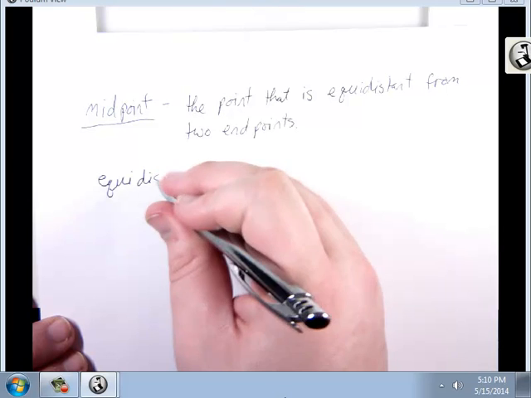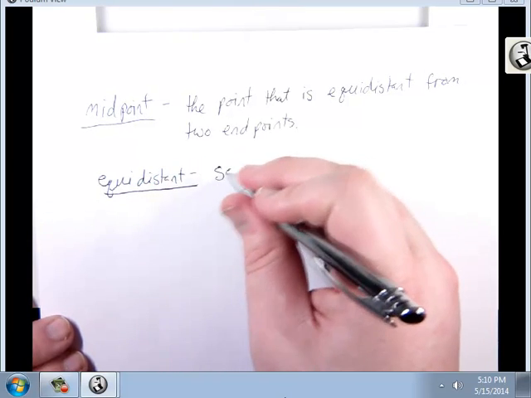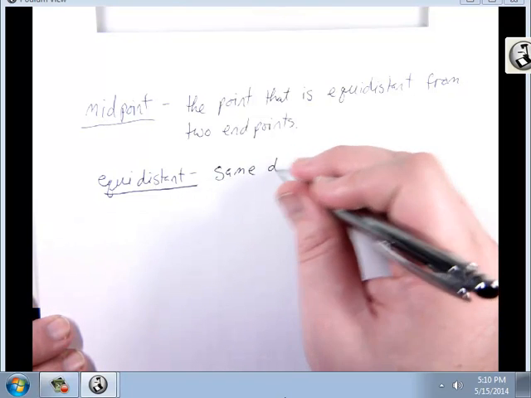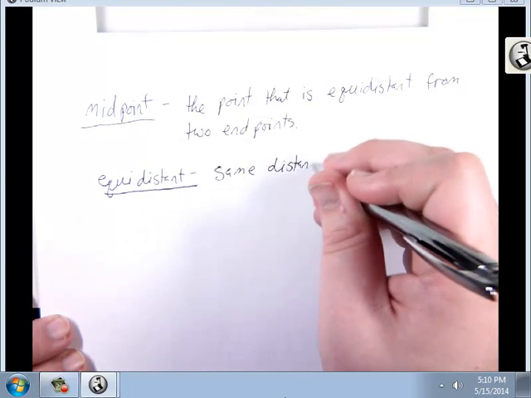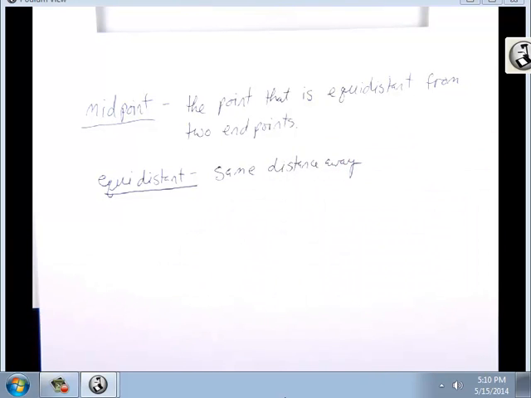Equidistant means it's the same distance away. And midpoint's actually fairly simple to calculate.